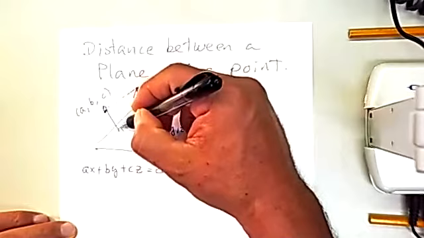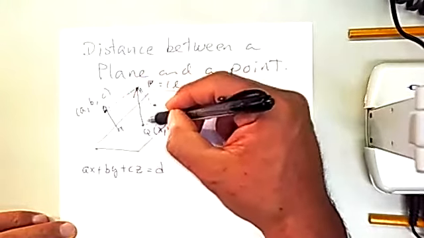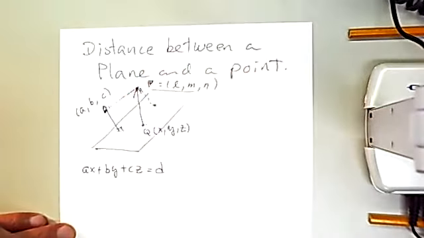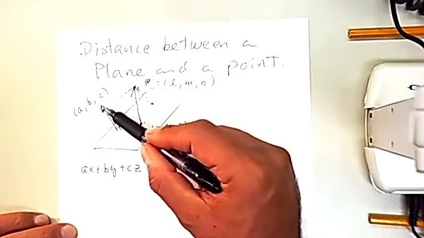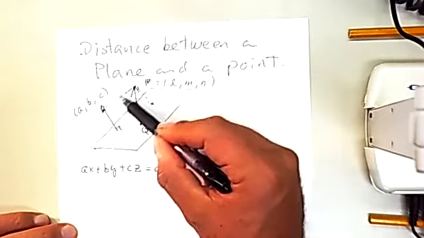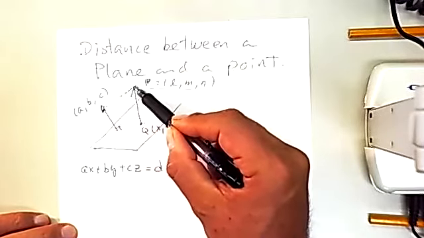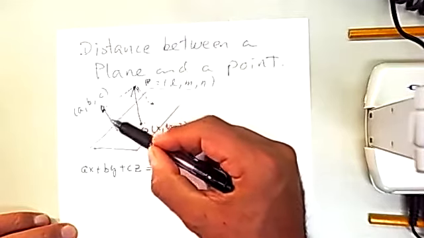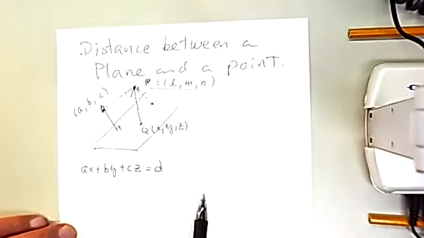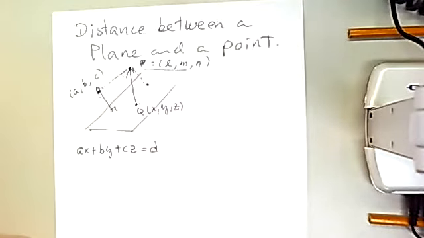Remember, one way to think of components is: if you want to go in this direction and then go 90 degrees to get to this point, the way we go about doing that is to find the component, which we already covered in the dot product section.